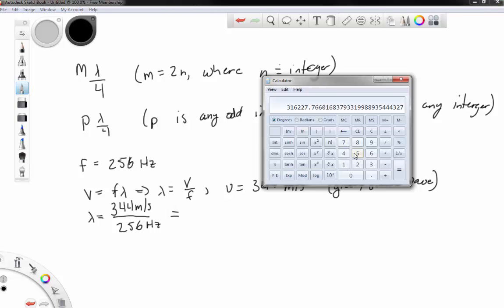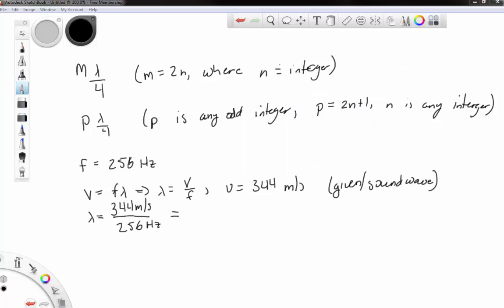Out comes the calculator. 344 meters per second divided by 256 Hertz gives us 1.34375 meters. So 1.34375 meters is the wavelength.